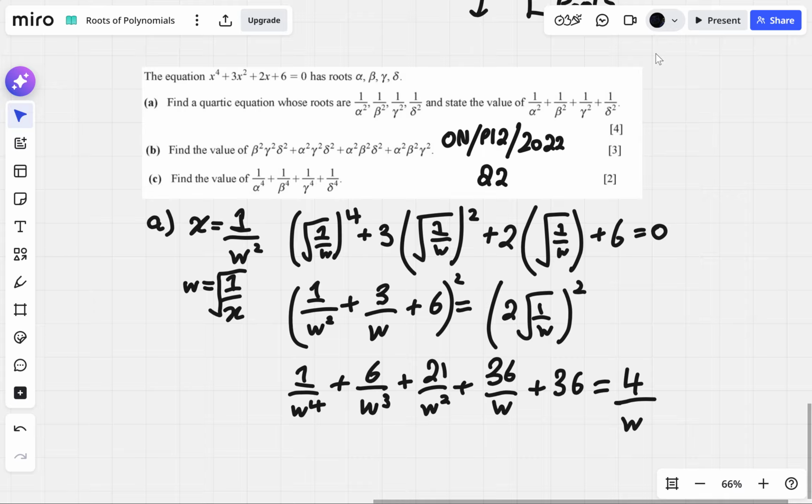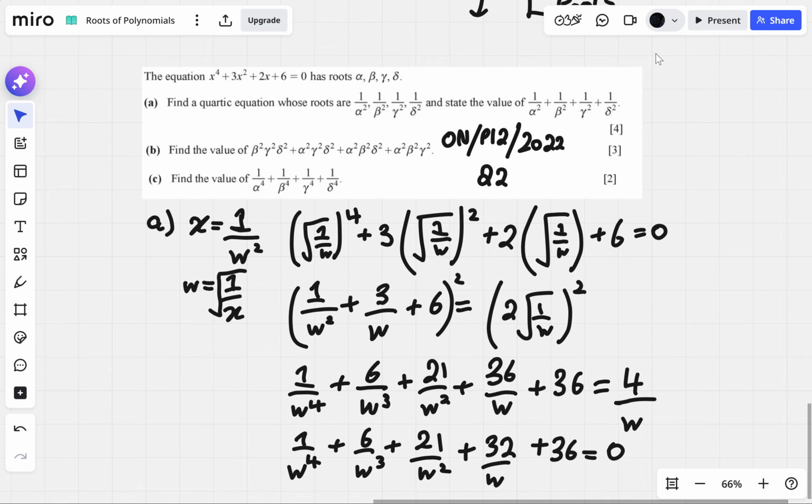Now we can just make it into the form that we need in the quadratic equation form. So first we can just do 1 over w to the 4 plus 6 over w cubed plus 21 over w squared, then 36 over w minus 4 is 32 over w, plus 36.